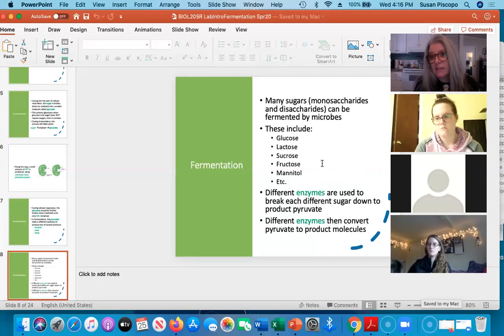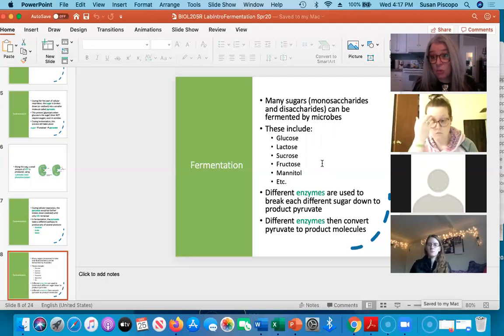So how is it that one organism can ferment glucose and make an alcohol, and another one can take glucose and ferment it and make an acid? Well, the answer is it all depends on the enzymes that they have, because different microbes are going to use different enzymes as they ferment that sugar, as they break apart that sugar.